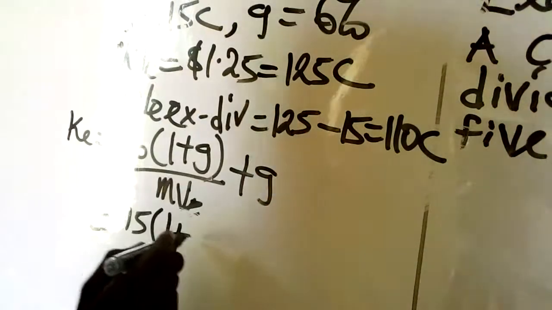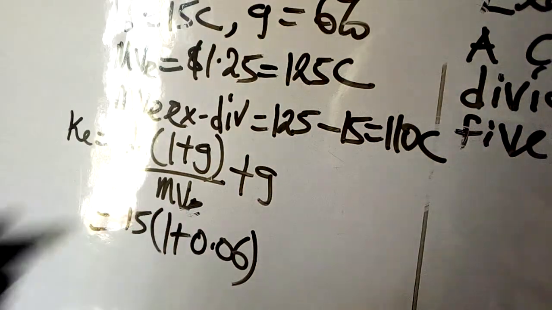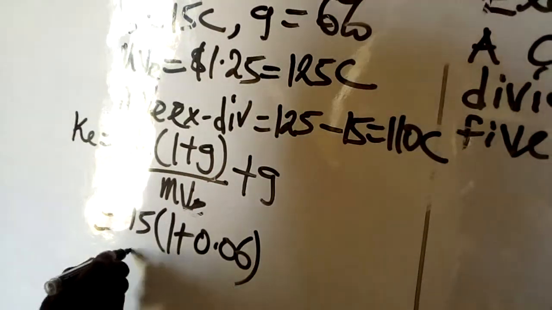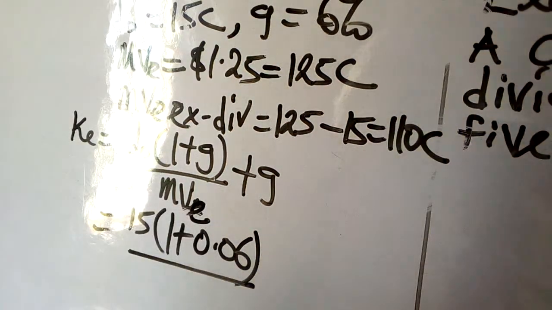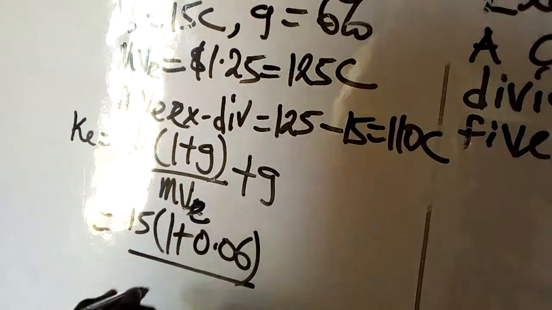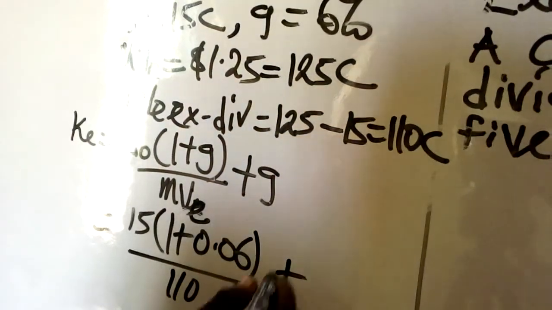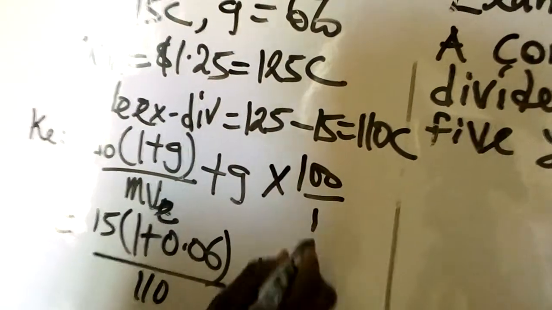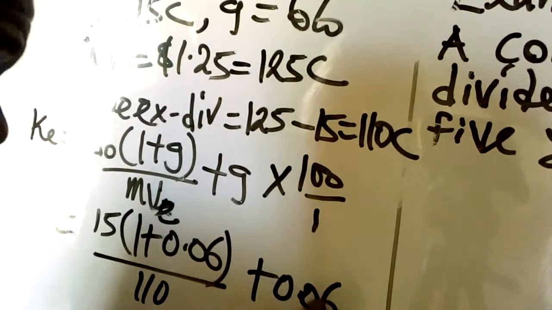Our g is 0.06, that is 6%, converted to decimal by dividing by 100, over the market value, which is 110 cents, plus g, the growth rate, 6%, which is 0.06.